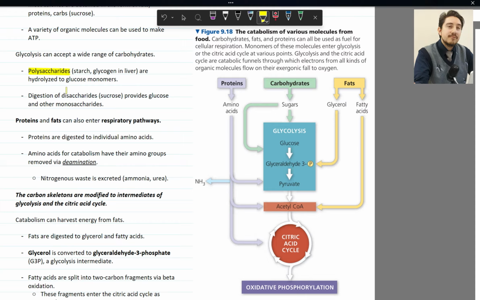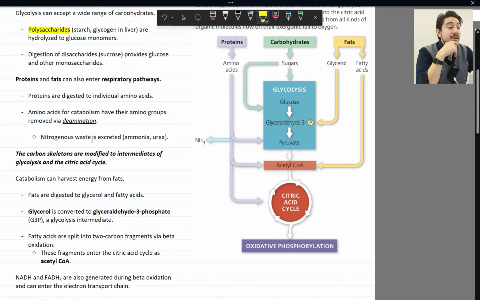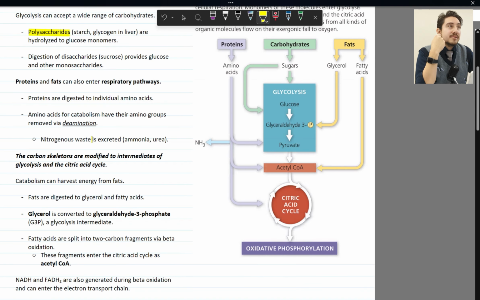If you remember from chapter 5, how we saw amylopectin and amylose and starch and glycogen, they can break off glucose monomers from the tips of these branches, right? And digestion of disaccharides, sucrose, can provide glucose and other monosaccharides, like fructose. So you can get the glucose from different sources, right?